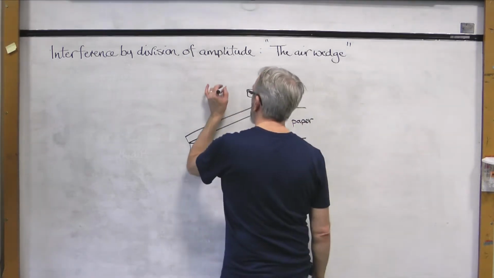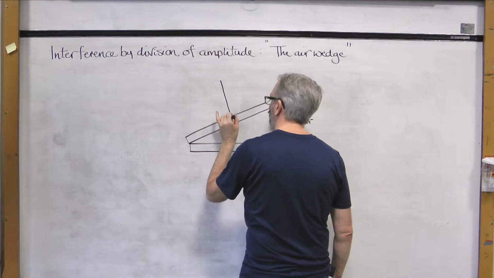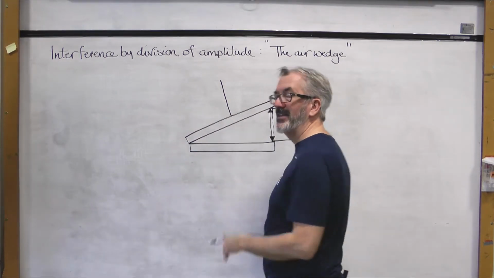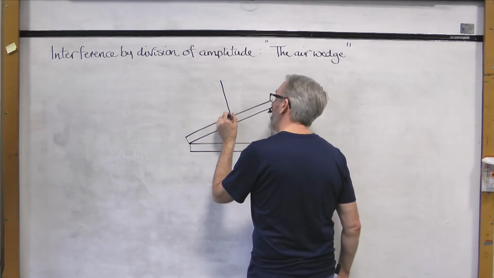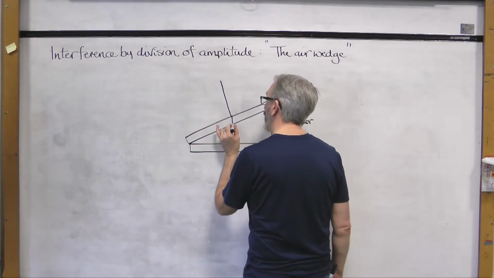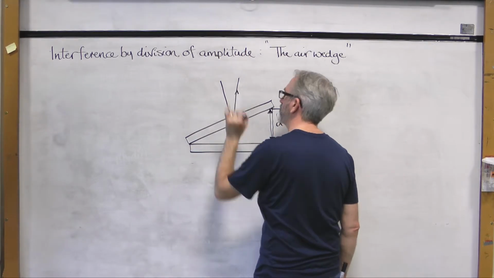And when light comes down and shines into it, some of the light gets reflected from the top surface of the top glass slide. Now we're going to ignore that. What we're interested in is light that travels into that top glass and reflects off the bottom surface of the top glass.